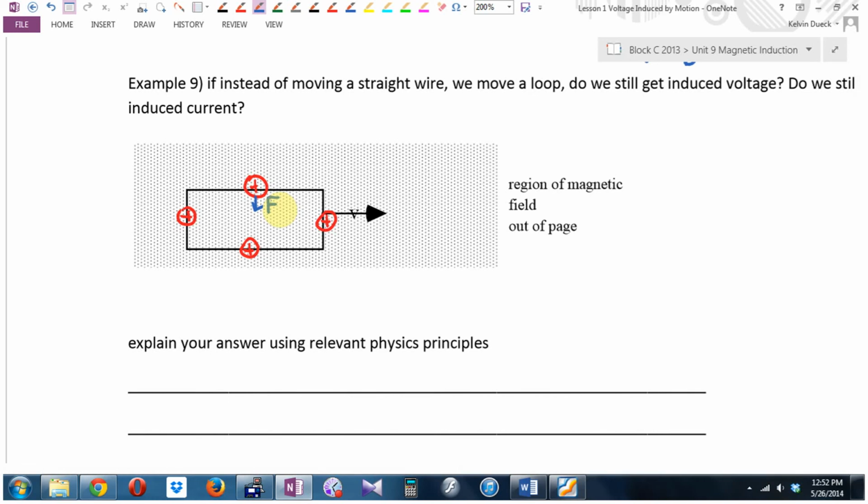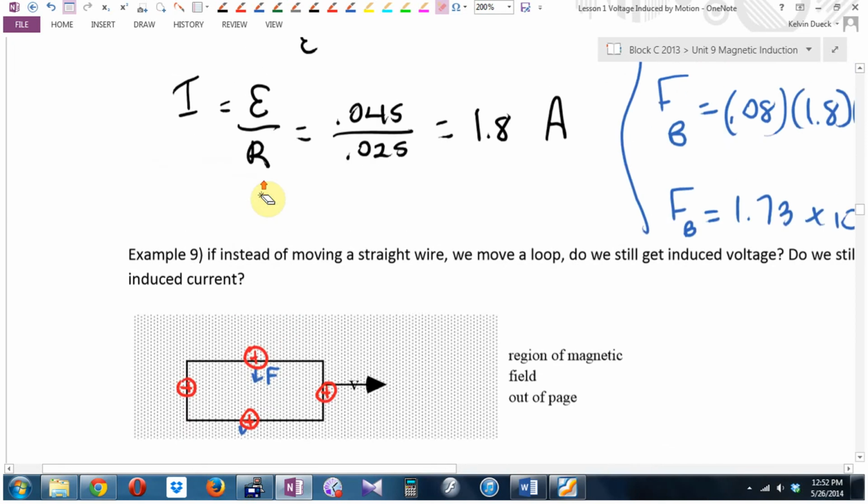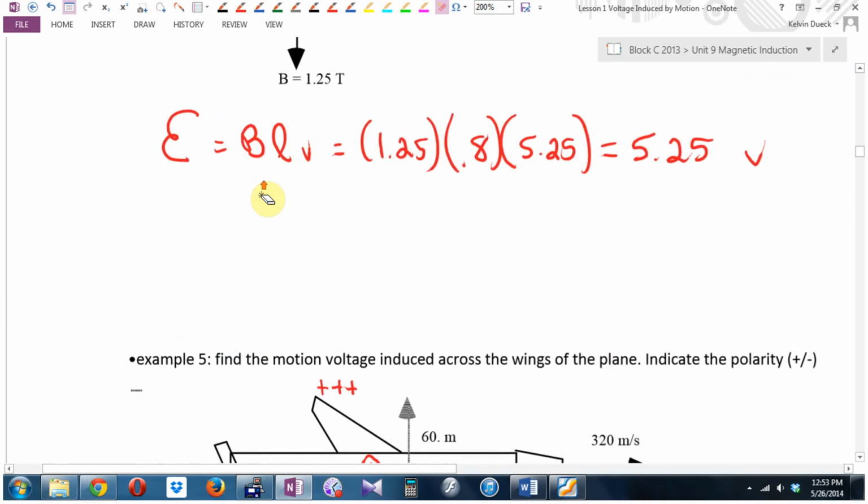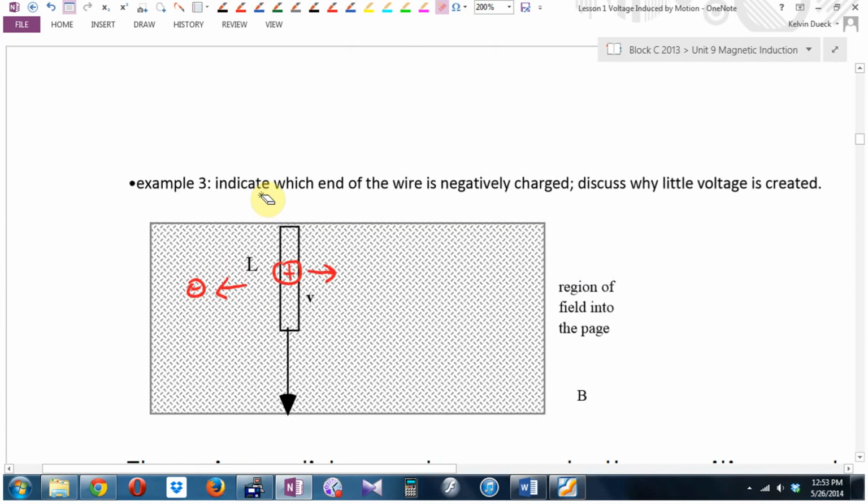Well, you know what? Here's the problem. Although they feel a force somewhat down the page, we're not talking about the force. We're interested in the voltage. Can you really separate charges here? Why not? Because the top section and the bottom section of wire are moving parallel to the velocity. This is the same situation, Jordan, as we had right here.